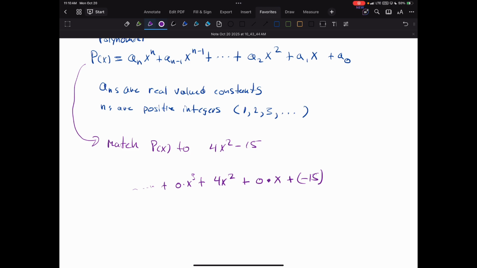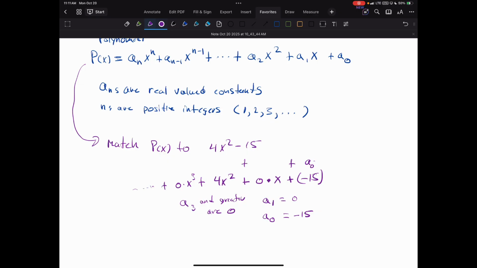And so what I'm really saying is that my a sub 3 and greater are 0. My a sub 1 is 0. My a sub 0 equals negative 15 because this is my plus a sub 0, right?